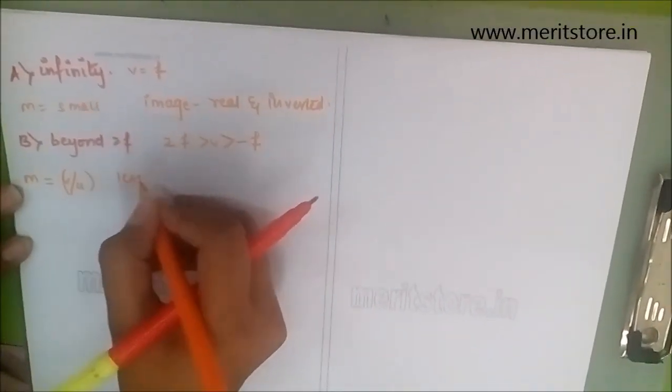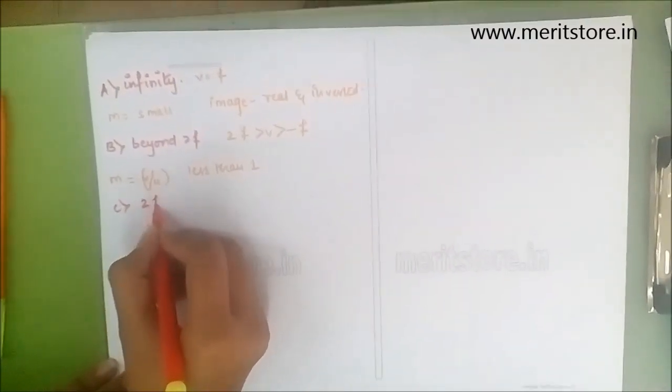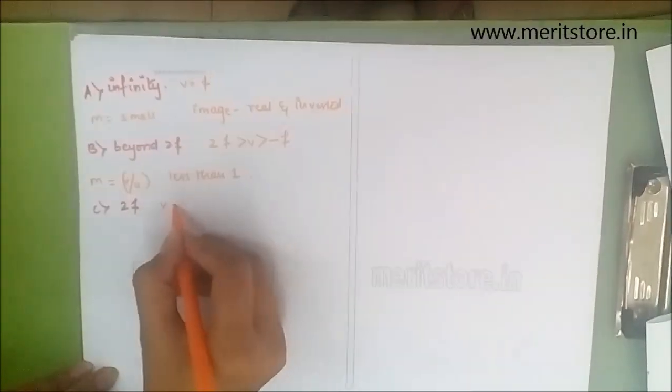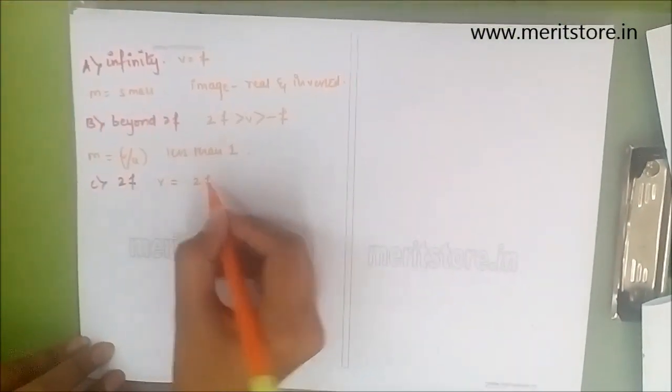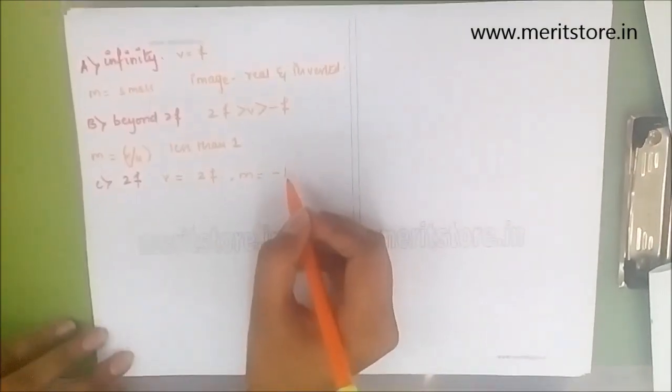When the object is placed at 2f, v is equal to 2f and the magnification is minus 1.